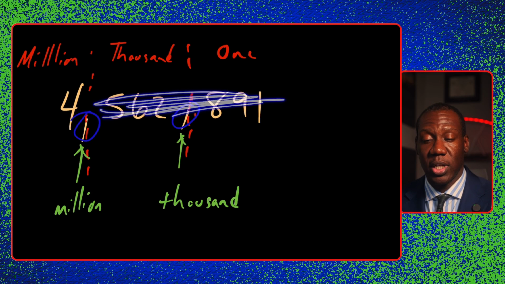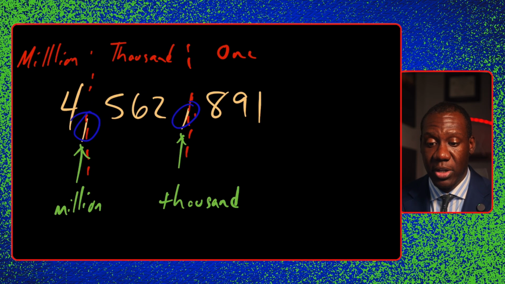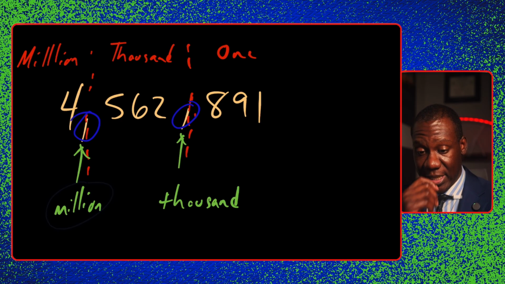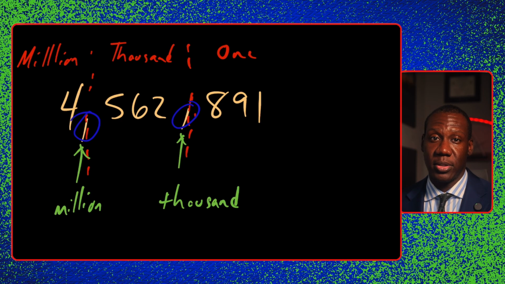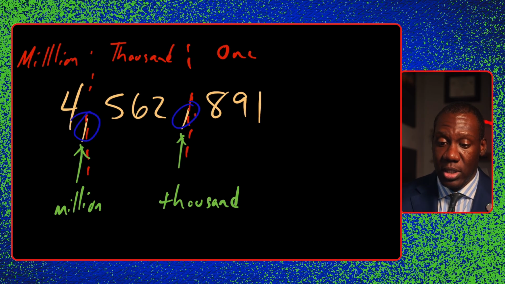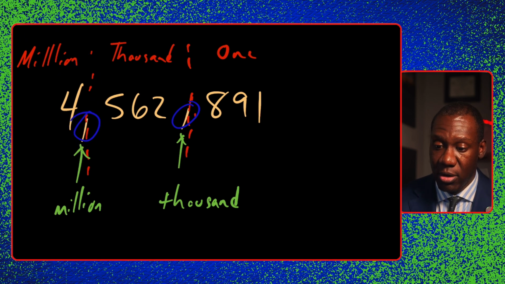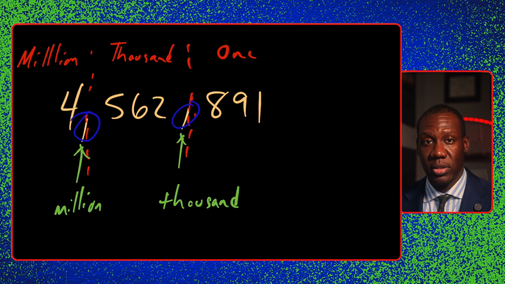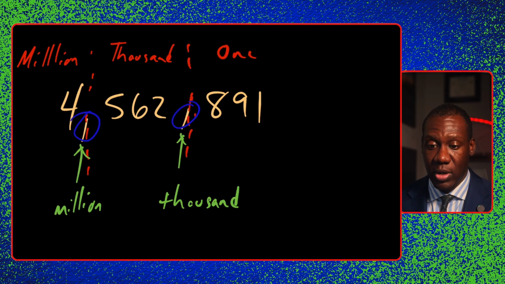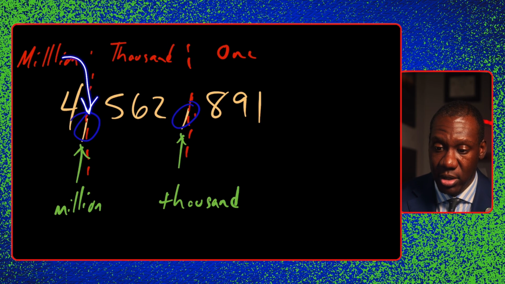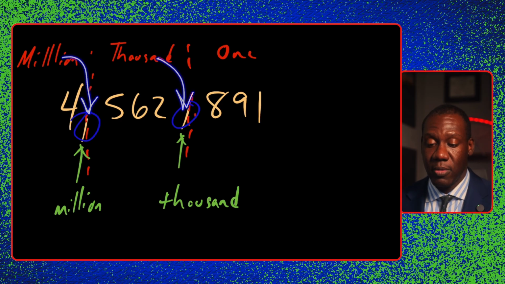I'm just saying this for what it is. And then every comma, I'm just saying whatever house I just said before that comma, right? So this comma's here. The house before this comma is the millions house. The house before this comma is the thousands house. So I say this for right here. I say this house right here.